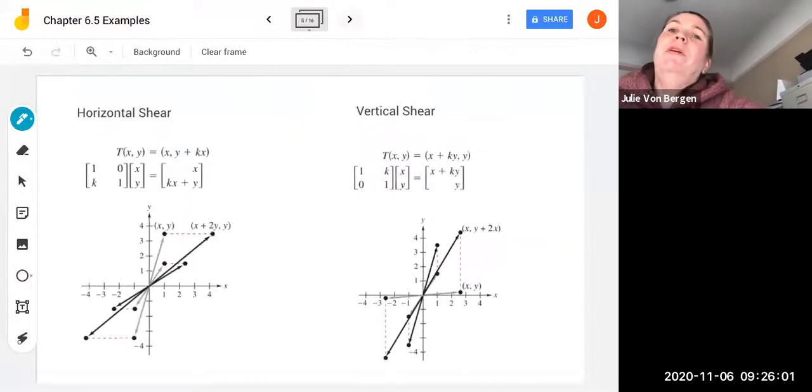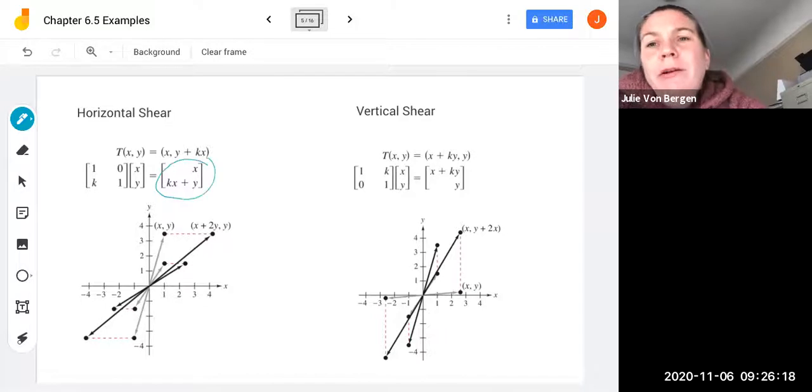Here are examples of horizontal shears and vertical shears. So the matrix we use for the shear is [1, K; 0, 1], and that's equivalent to the linear transformation (x, y) to (x plus ky, y). You can see that if you multiply out our matrix here. So in this example, K is 2. So we see this is x plus 2y comma y.